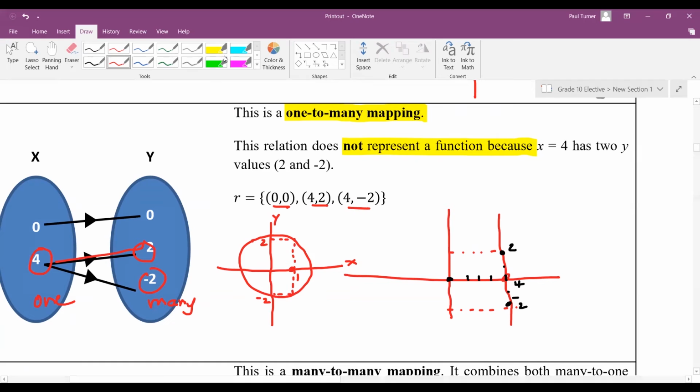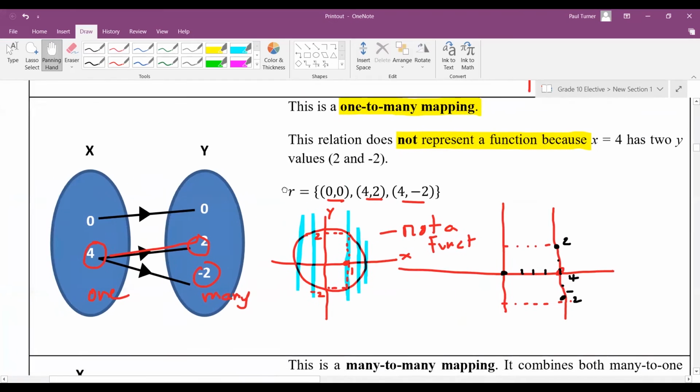This is not a function. And you can see your vertical lines cut twice, except on the edge, it will cut once. But most times it will cut twice. So this is not a function here. And we talked about that yesterday. It's not a function. All right, that's the third one.